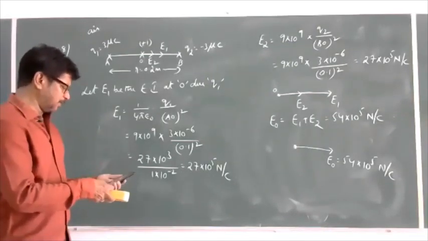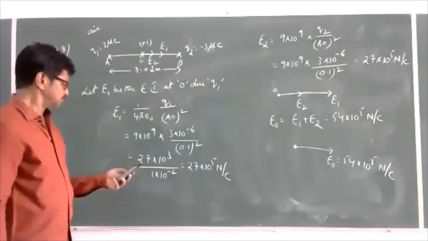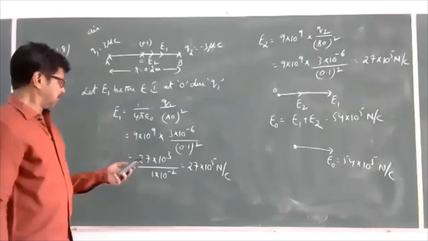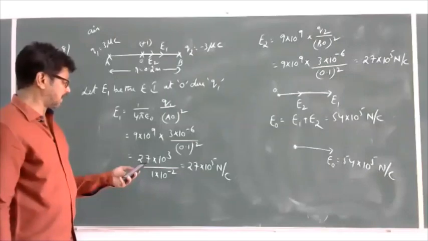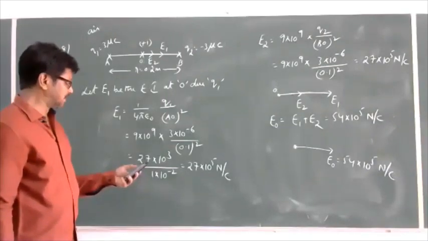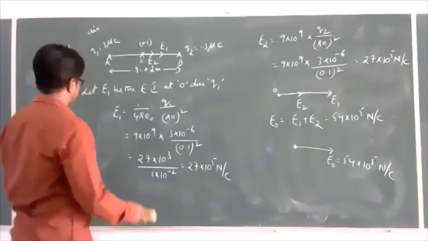Next, in the same problem, one more thing is asked. If a negative test charge of magnitude 1.5 into 10 to the power of minus 9 coulomb is placed at this point, what is the force experienced by the test charge?